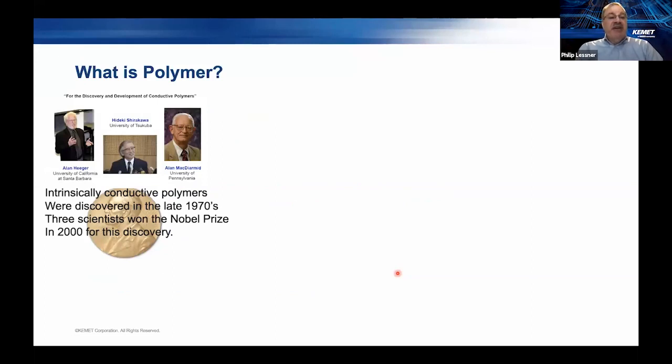So let's start out and talk about what is polymer. Polymer can mean many things to different people. But when I talk about polymer in the context of this presentation, and generally when we say polymer at KEMET, we mean intrinsically conducting polymers, which were discovered in the late 1970s by scientists in the US and Japan. Three scientists, Alan Heeger, Hideki Shirakawa, and Alan MacDiarmid, won the Nobel Prize in 2000 for the discovery of these materials.